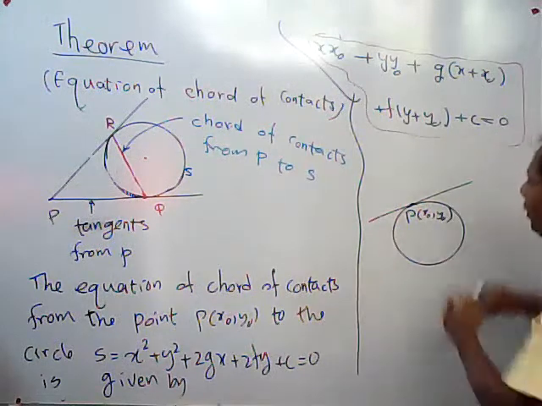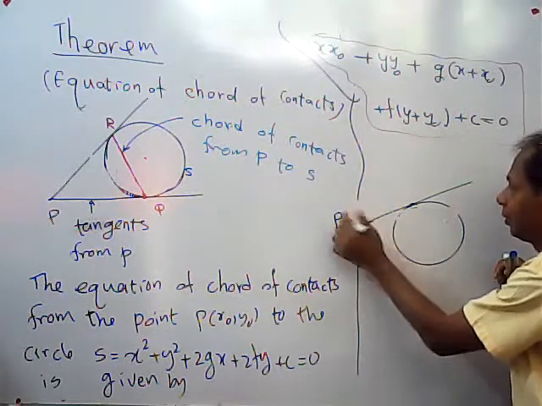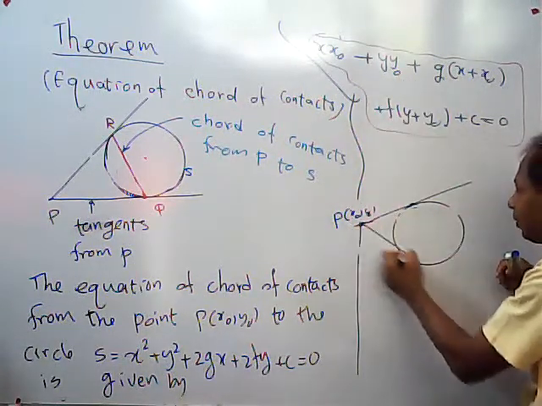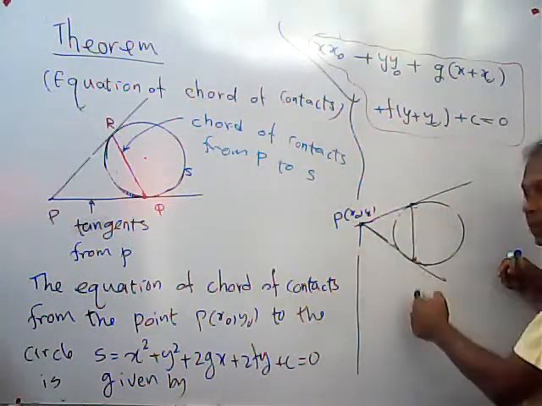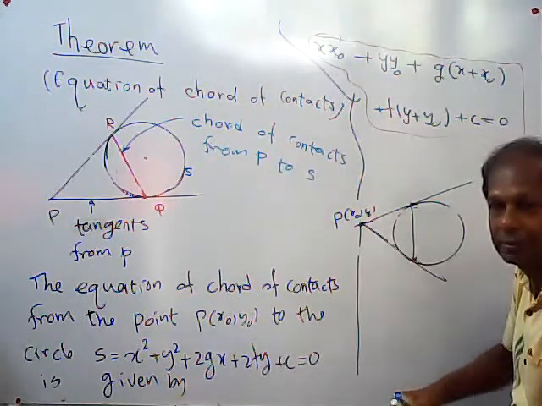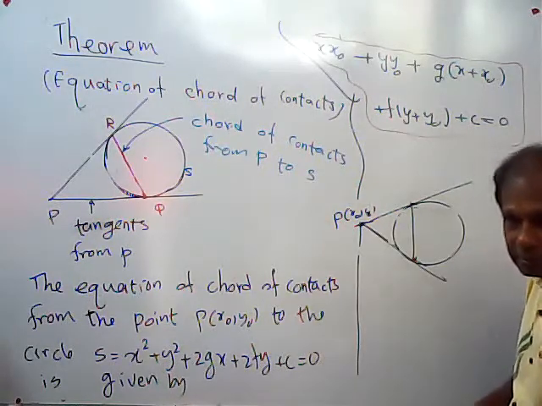If the point P is outside the circle, the same equation gives you the chord of contact. It is the same equation, yes, right?